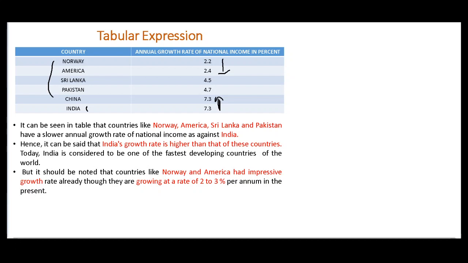But it should be noted that countries like Norway and America have an impressive growth rate already, though they are growing at 2 to 3% per annum. This means Norway and America have already attained growth; they are in the developed stage.